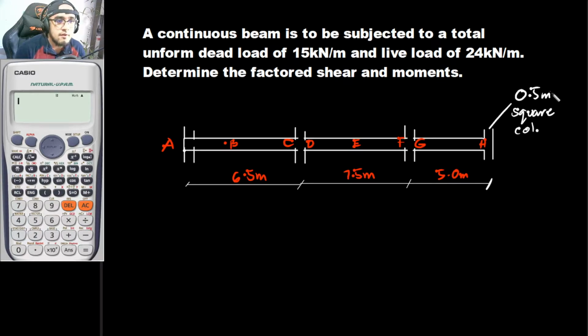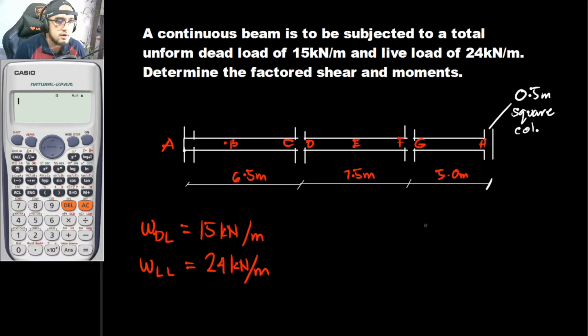We have your uniform dead load, WDL, which is 15 kilonewtons per meter, and we also have our uniform live load, WLL, which is 24 kilonewtons per meter. Once again, we will be applying our load combinations.